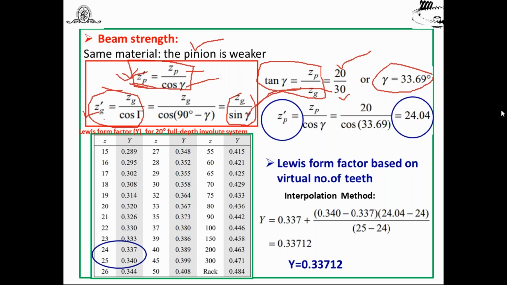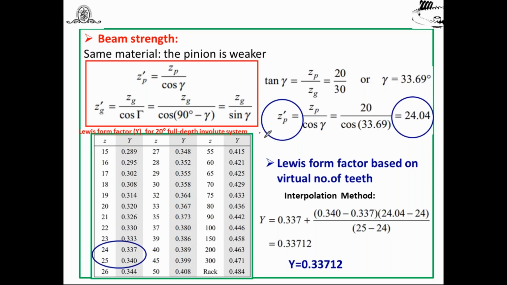And again, let us calculate the virtual number of teeth on the pinion. Zp by cos gamma, 20 upon cos gamma, where gamma means the pitch angle, you will get 24. Instead of using the formula here, we are referring to the chart for the Lewis form factor. Look at this.